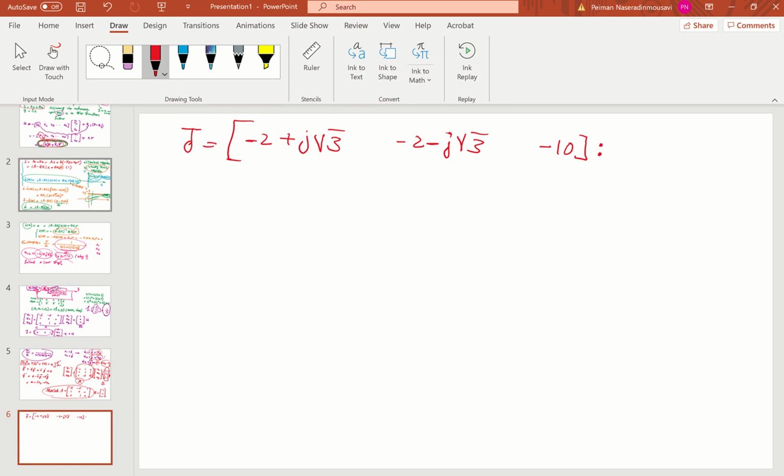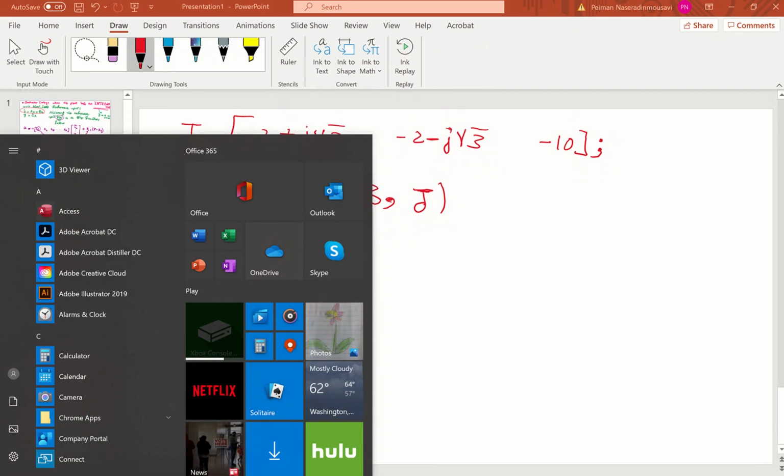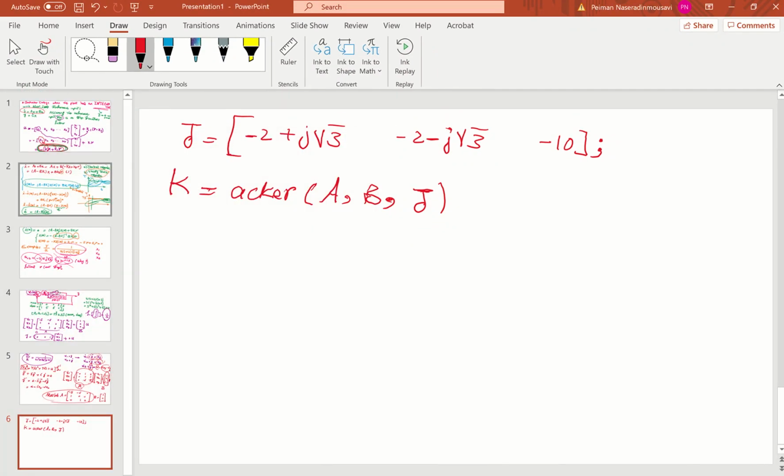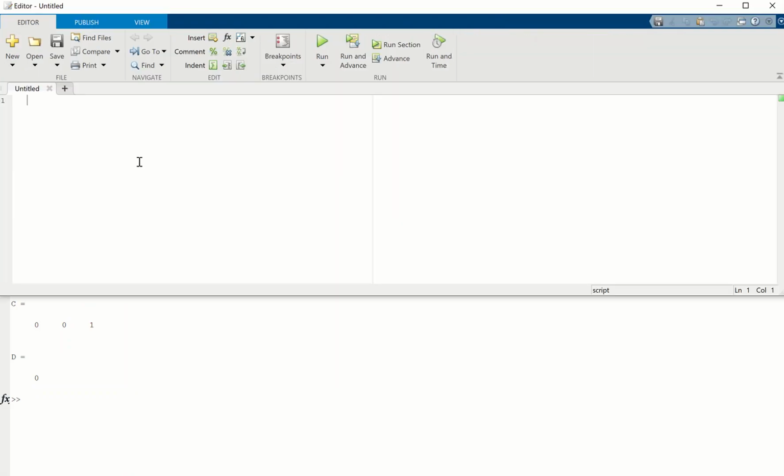As I taught you, you have to type it in Matlab. And then the gain, as I taught you, is going to be acker or place, with your A matrix, B matrix, and J matrix. Okay, let us calculate that in Matlab. As I taught you for state feedback, going back to the origin, I'm going to do it in Matlab right now with you. In a file, why am I doing it in a file? Because to save it. I'm going to say A is, based on what we derived by hand, 0, 1, 0.